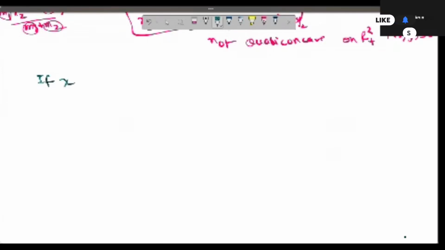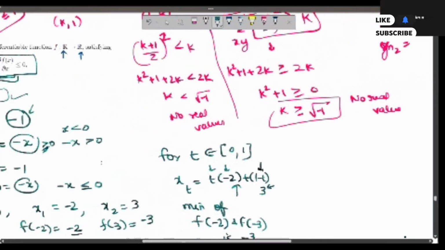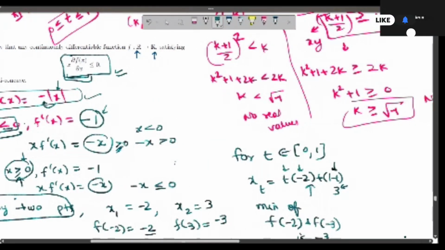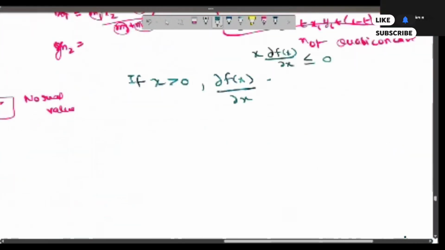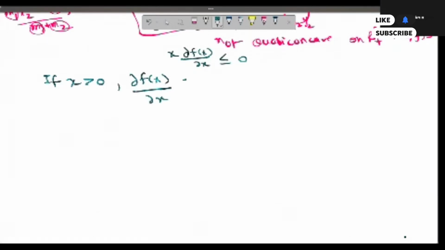You will say if x is greater than 0, the question has given you this. If x is greater than 0, what does it mean?